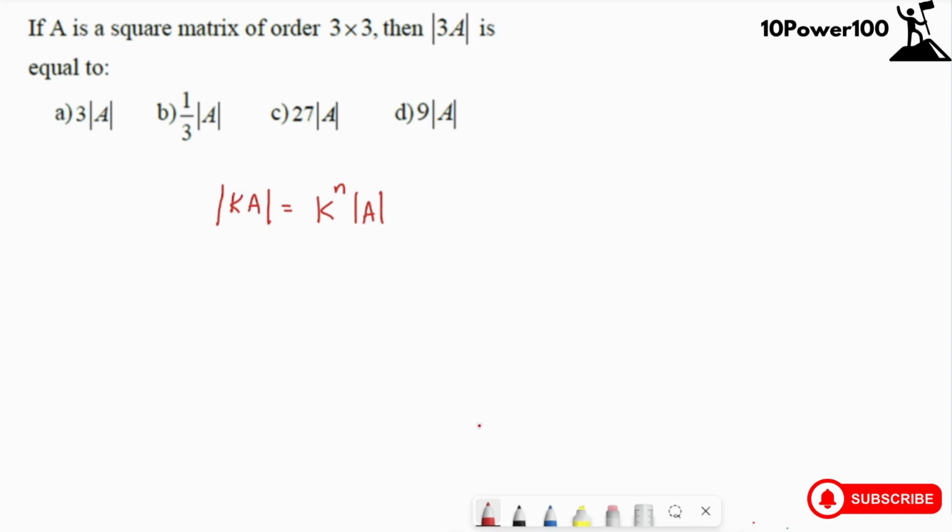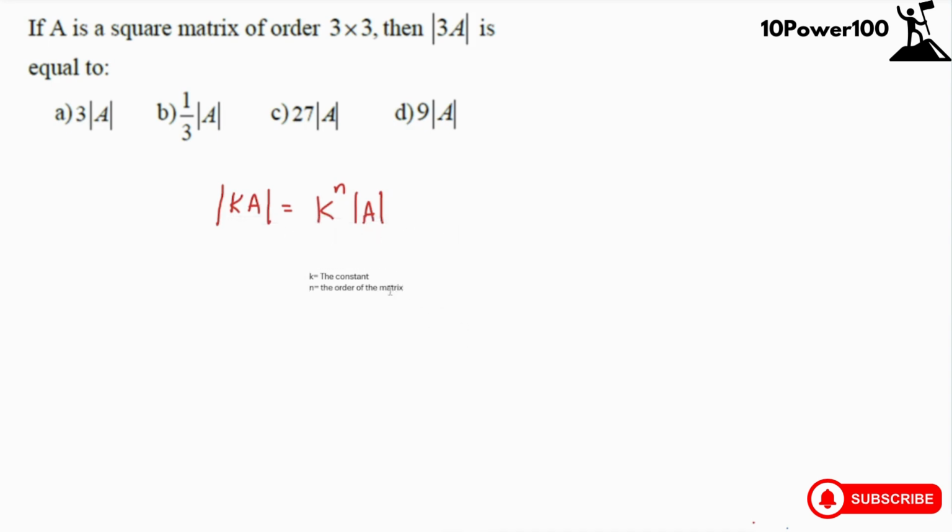So determinant of K into A. Let's see what these K and N are. K is nothing but the constant, and N is the order of the matrix.